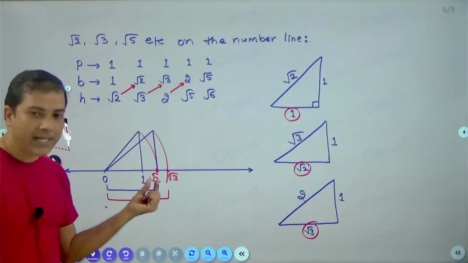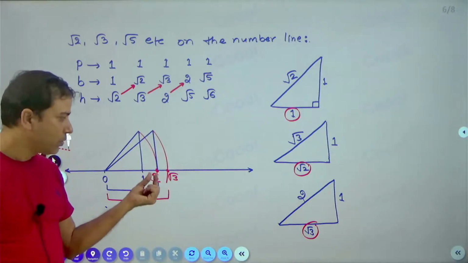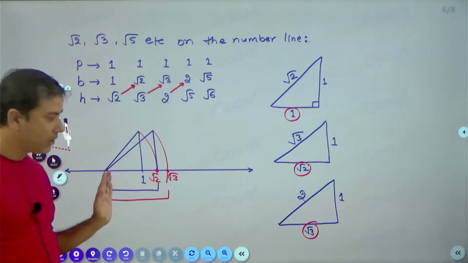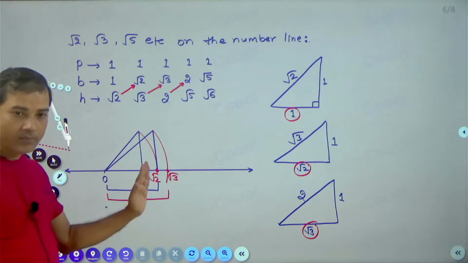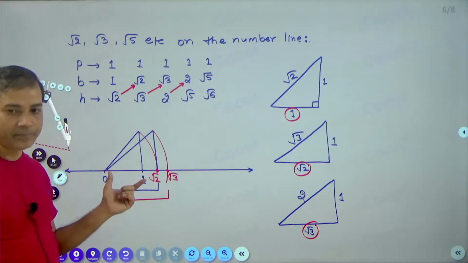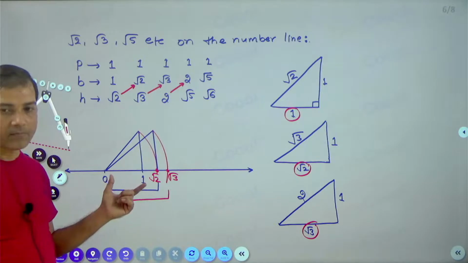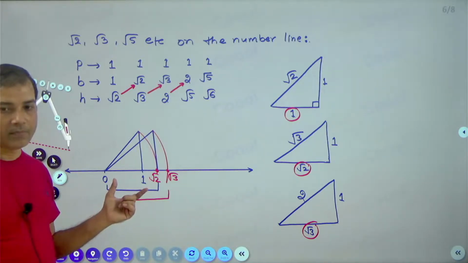This gives the idea how far root 2 is from 0. Yes, but she also draws 0 and then makes an arc, like you do.